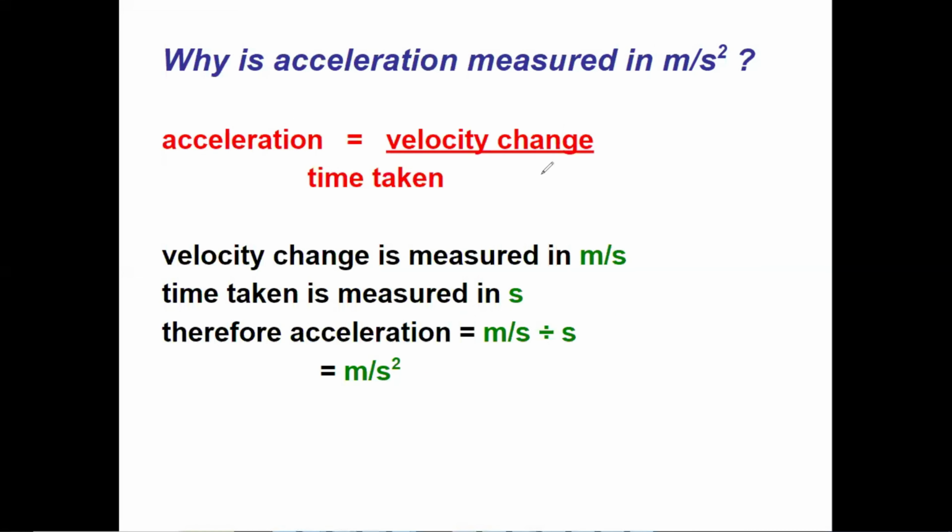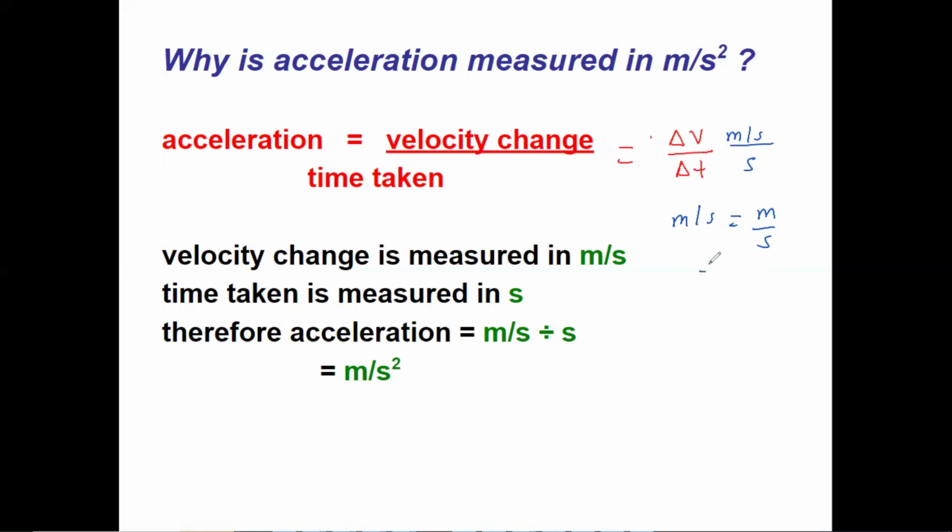Just to supplement what is on the screen, acceleration is given by change in velocity, so I can just write delta v over delta t. The unit of v, or speed or velocity, is meters per second. And the unit of time is seconds. So meters per second is just meters over second.